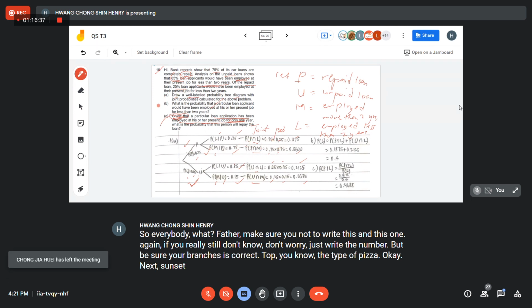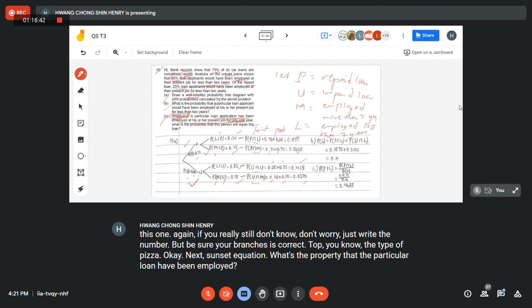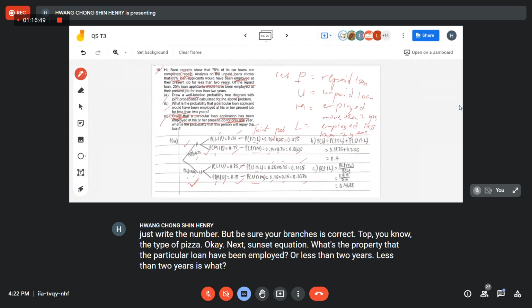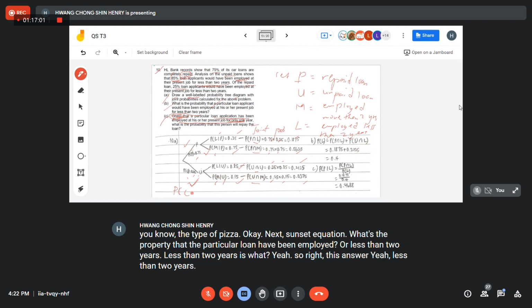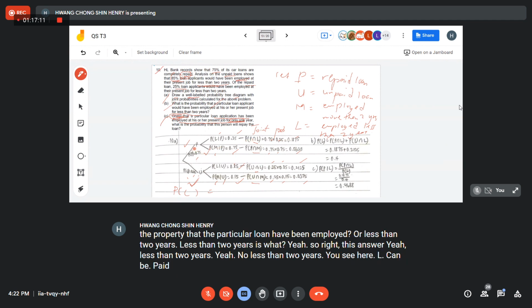Okay, next, answer the question. What is the probability that a particular loan has been employed for less than 2 years? Less than 2 years is L. So Brian, what's the answer? Yeah, less than 2 years. Now, less than 2 years, you see here, L can be with the loan paid already.